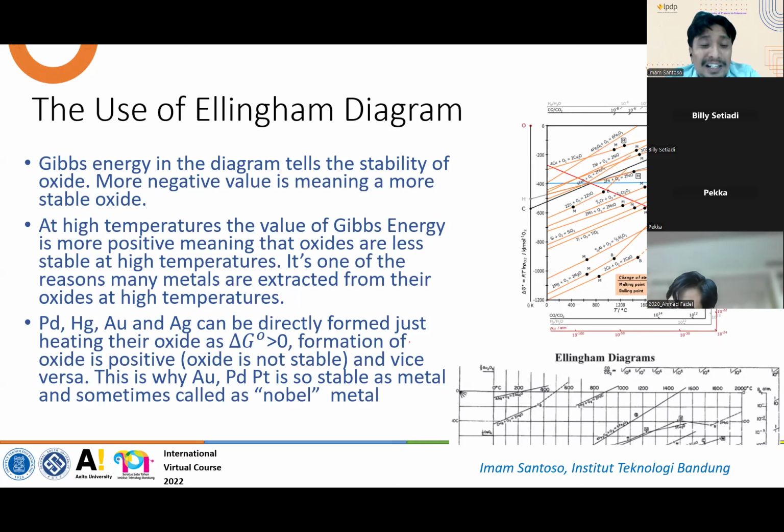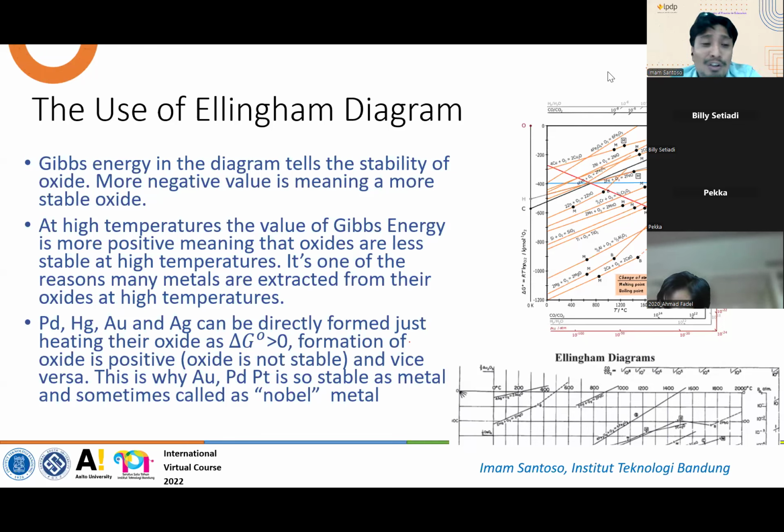Reduction of iron oxide to become iron is undertaken at higher temperature because at high temperature the oxide is less stable compared to low temperature. Extraction of aluminum oxide happens at high temperature. Calcium oxide also at high temperature. Thermodynamically, it is because at higher temperature, oxide is less stable and therefore it loves to change to become a metal.